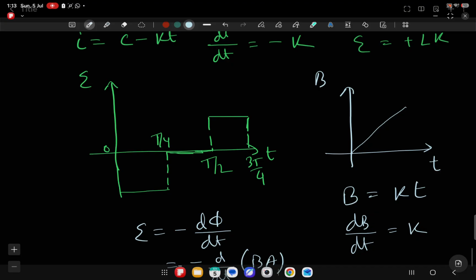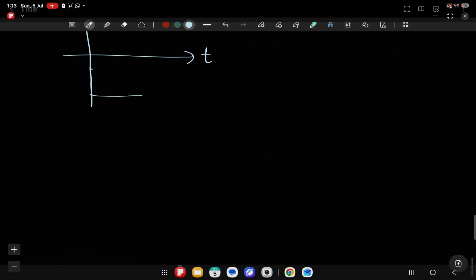Alright, that was for the B-t graph. Alright, 17. The current is given as t square e to the power minus t.